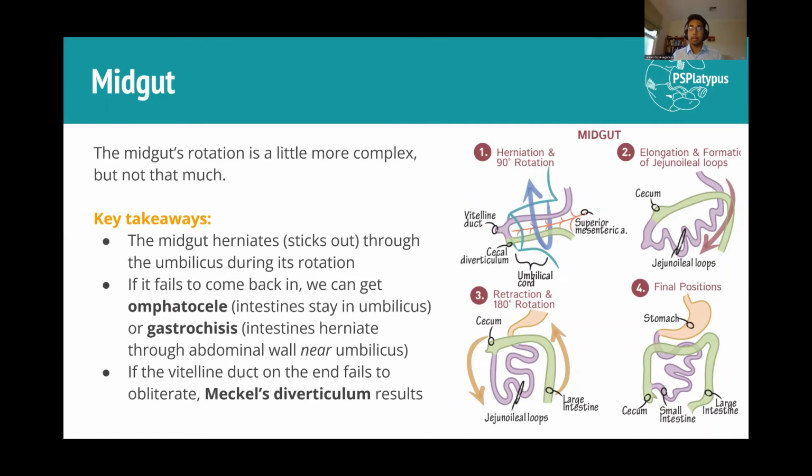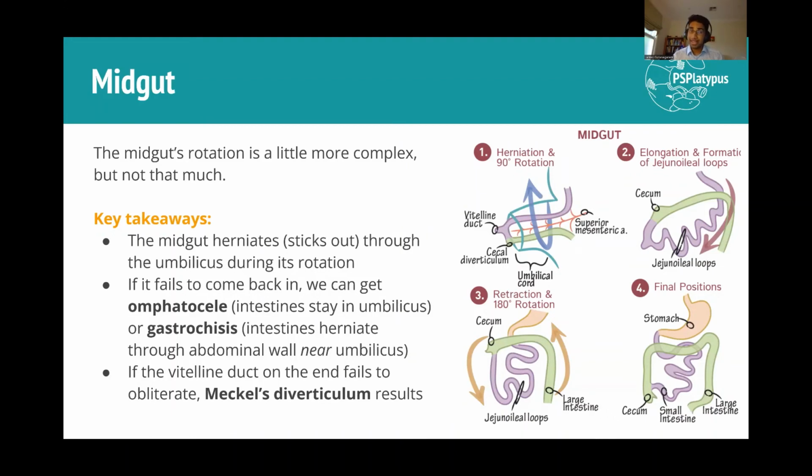Okay, now in terms of congenital abnormalities that can happen, in terms of rarer stuff, we can get omphalocele, which is basically these loops, when they stick out through the umbilicus, so they sort of leave the main body of the fetus and stick out through the umbilical cord.